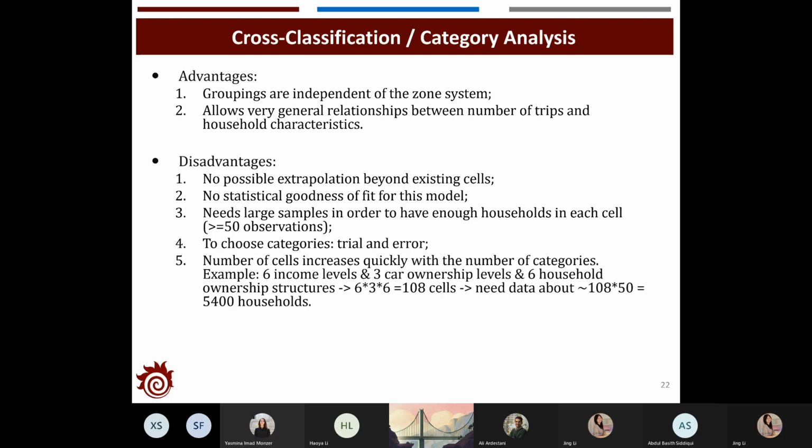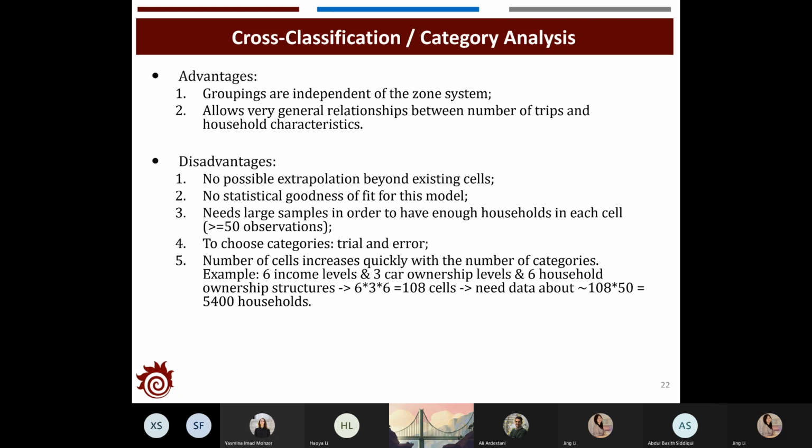And the other thing is the complexity of this model. The number of cells will increase dramatically with the number of categories. For the previous example, we have 3 categories of the number of cars and 4 categories of household size.